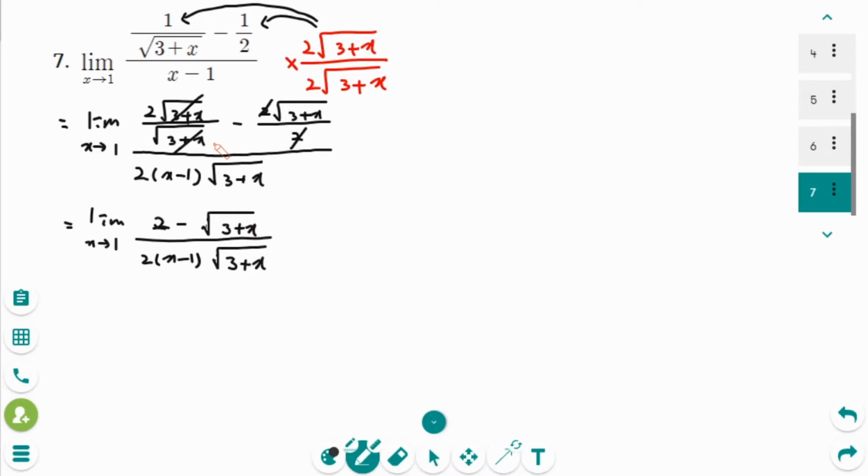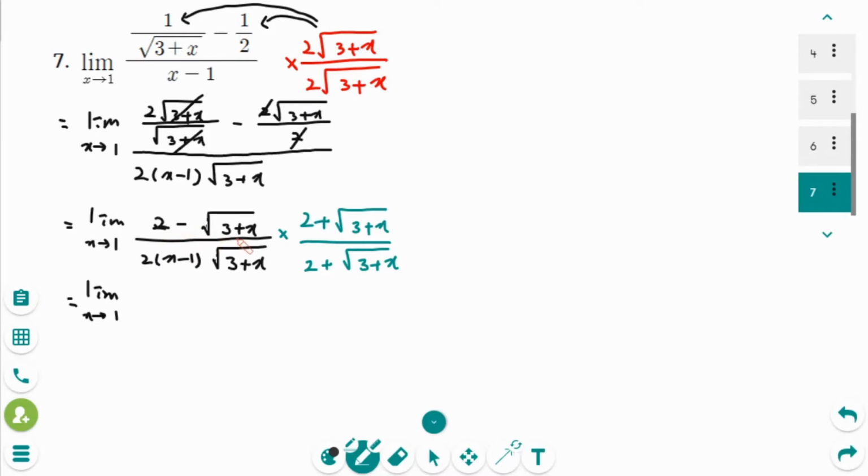The question remains in the 0 over 0 form with the square root. Now we must multiply the conjugate of the numerator to get rid of the radical. So times 2 plus square root of 3 plus x on each side. And then expand the numerator.